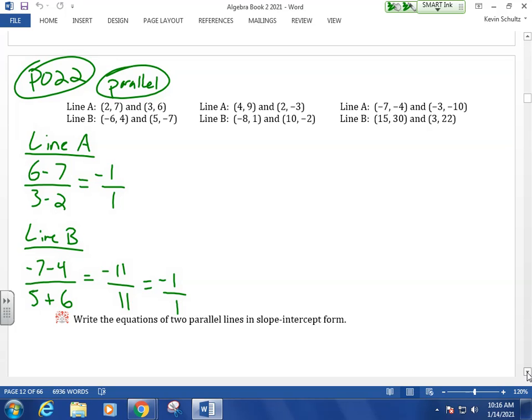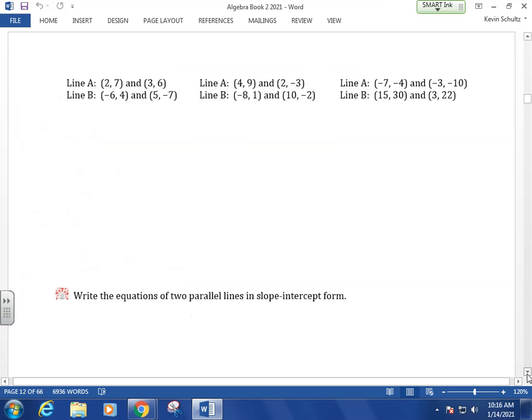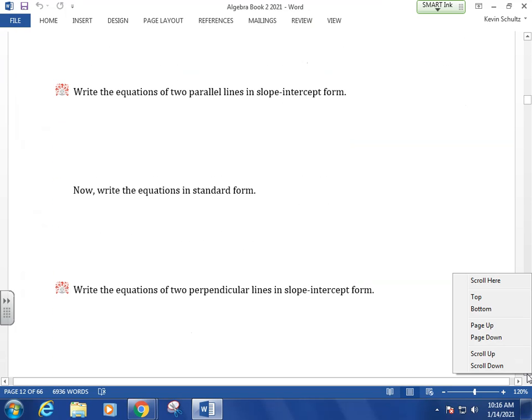Then the brain busters, the bottom of the page here, it says, write the equations of two parallel lines in slope-intercept form. Raise your hand, someone give me an equation in slope-intercept form. Don't care what the numbers are. Caleb. Y equals 2/3 x minus 2, okay?